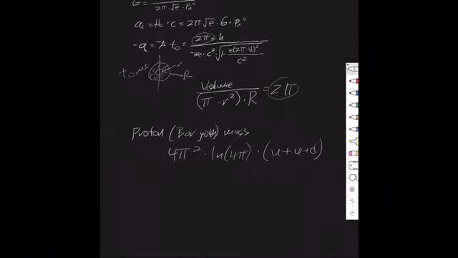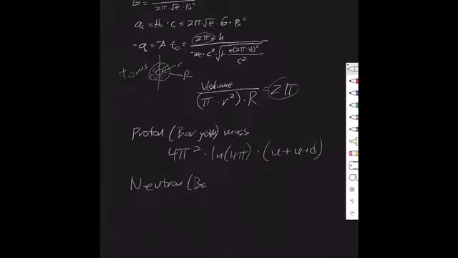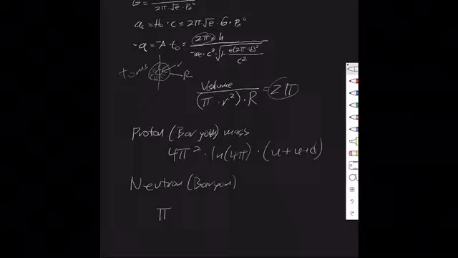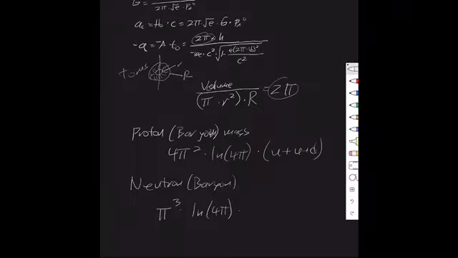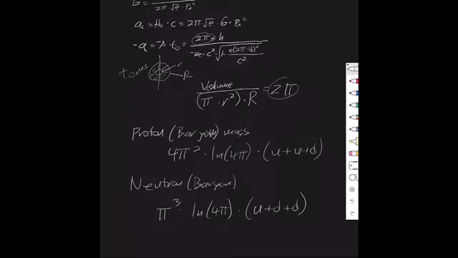I'll hurry because my battery's ready to die. Neutron, it's also a baryon. Still got 3 quarks. This one's up, down, and down. These are addition signs. You add the masses of these quarks together, and it gives you the mass.